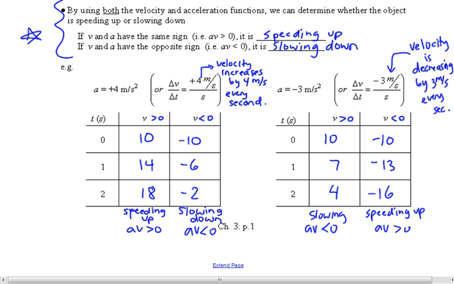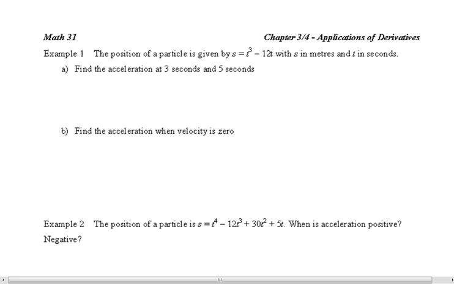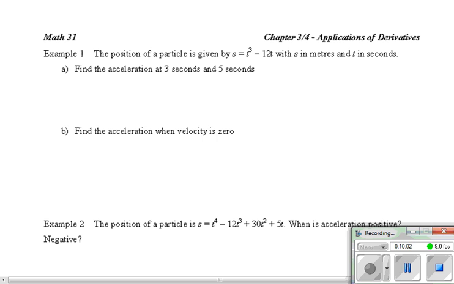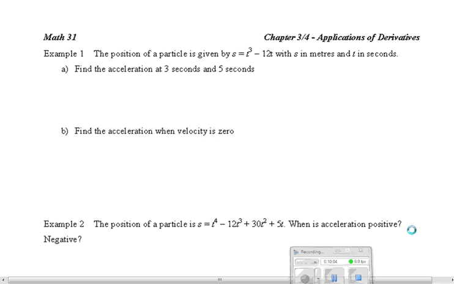Okay, do you want to try example 1? Yeah, why don't you give it a shot? Try example 1. Remember, S stands for distance, displacement, right? It's our position. Okay, it's not speed. Gotta get that out of your head. Okay, what will the derivative of your position give you? Velocity.